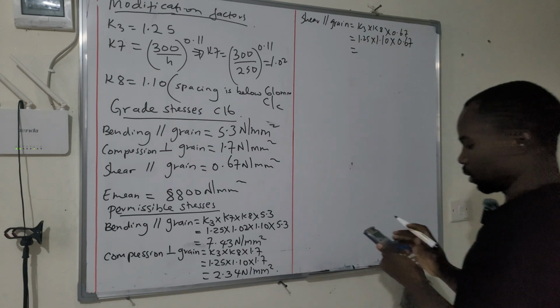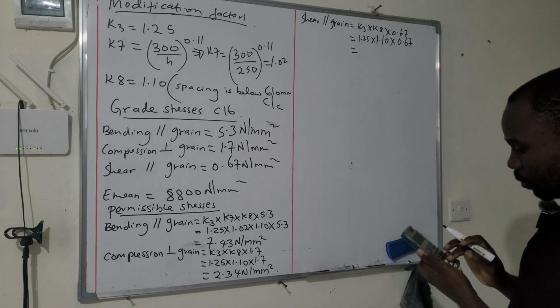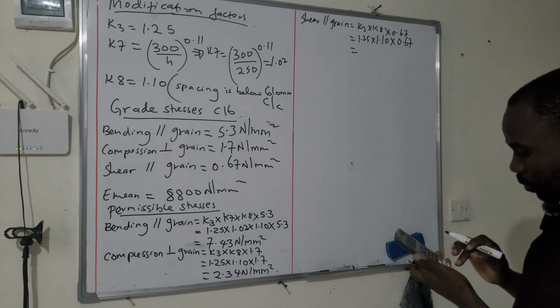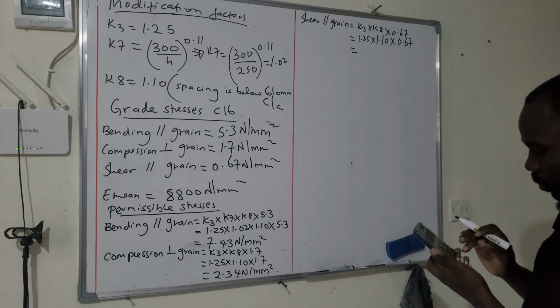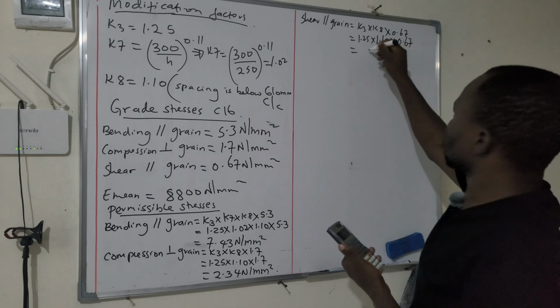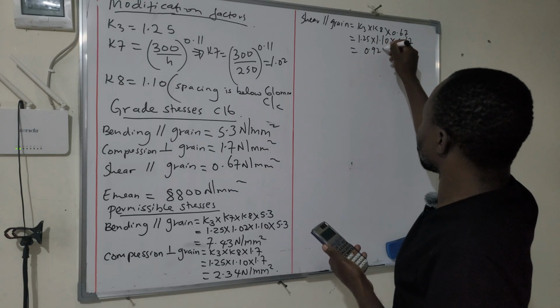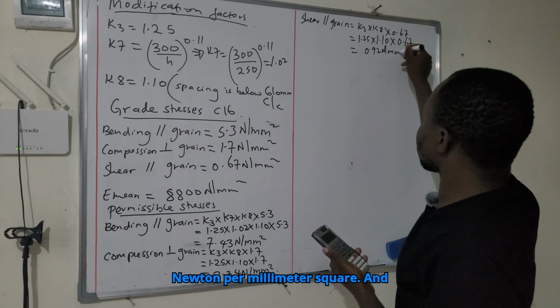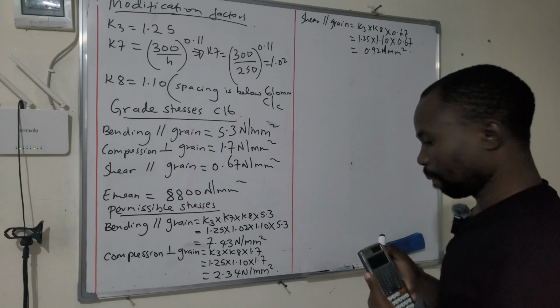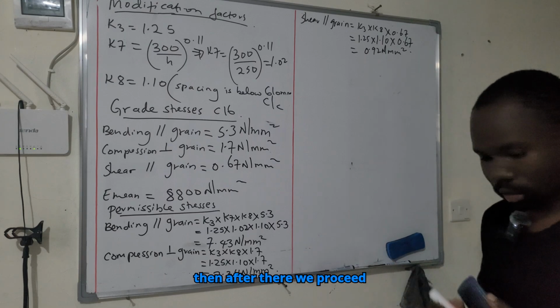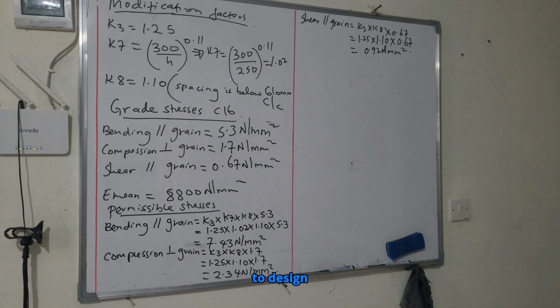So that is 0.92 Newton per millimeter square. And then after there, we proceed to design consideration.